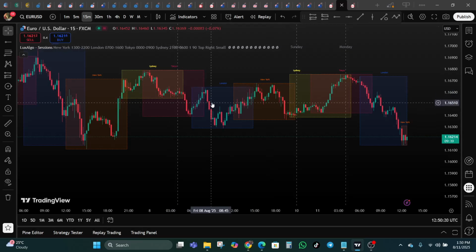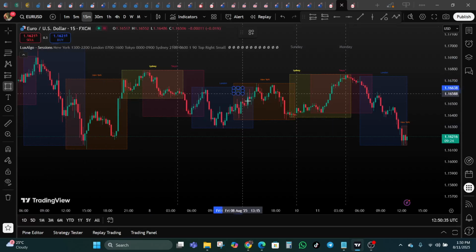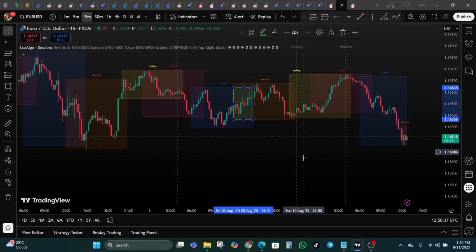Now, the Asian session is typically slower. The London session brings a surge of volatility, and the New York session overlaps with London for the highest activity of the day. So usually where we have the highest activity of the day is the overlap between the London and the New York.